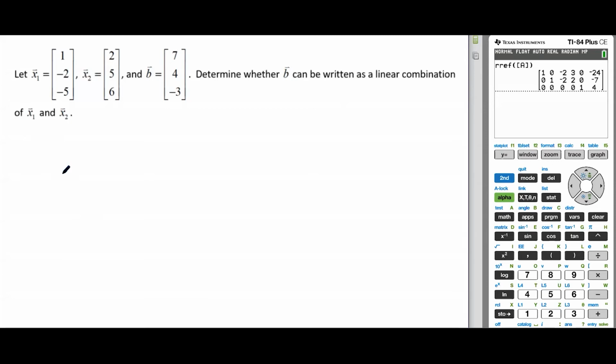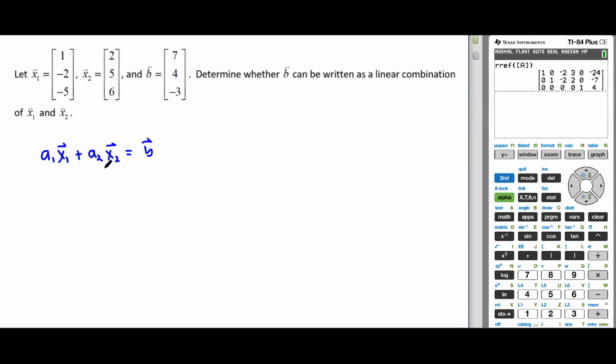So here we have x1, x2, and we have a vector b. These are in R3. They have 3 entries. Determine whether b can be written as a linear combination of x1 and x2. That would mean a1 x1 plus a2 x2 is equal to b, right?